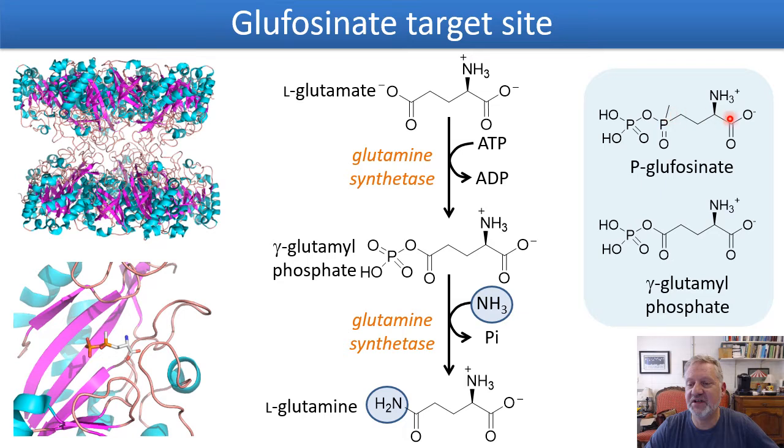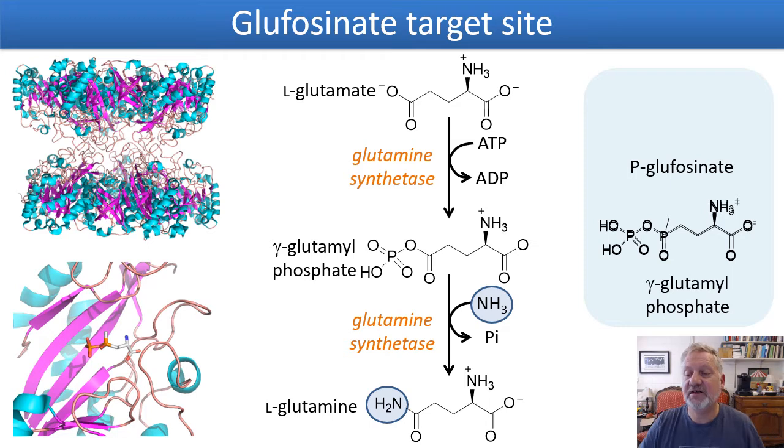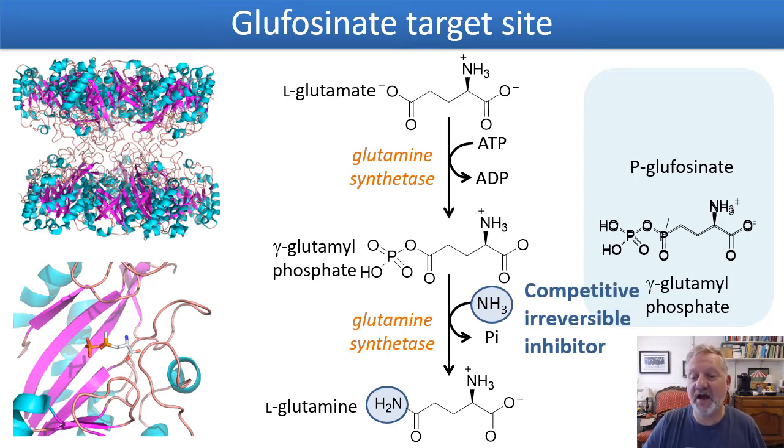If you compare phosphorylated glufosinate to this intermediate, the gamma glutamyl phosphate, they are very similar, and actually you can overlay them on top of each other. So phosphorylated glufosinate binds and competes for the binding domain in the enzyme. It's competitive and it's irreversible. It binds and is not released, so it's also called a suicide inhibitor.